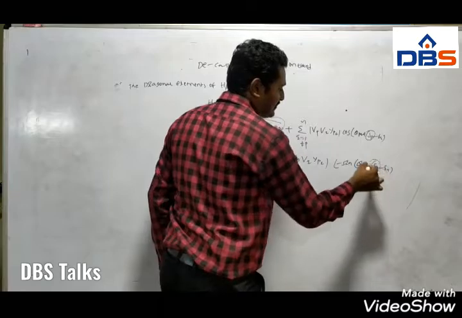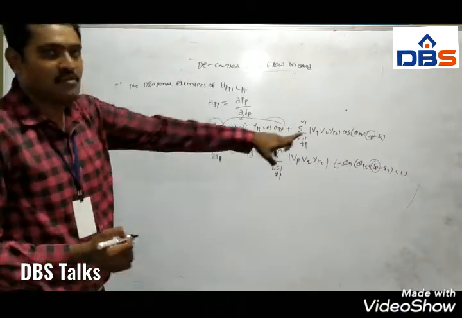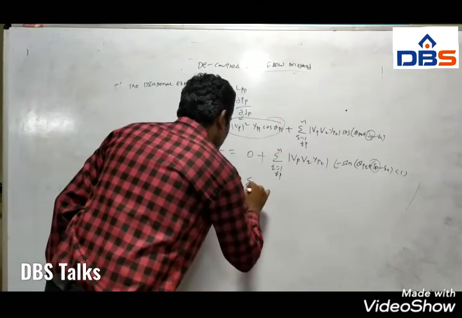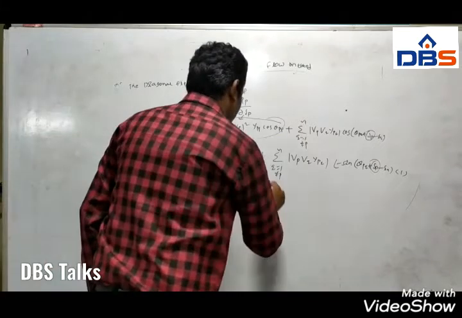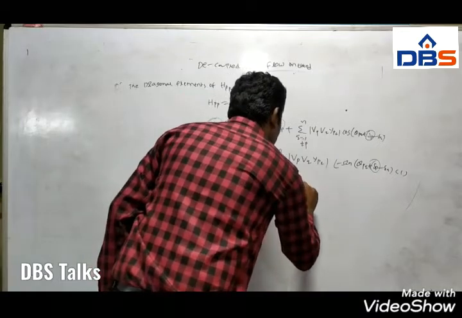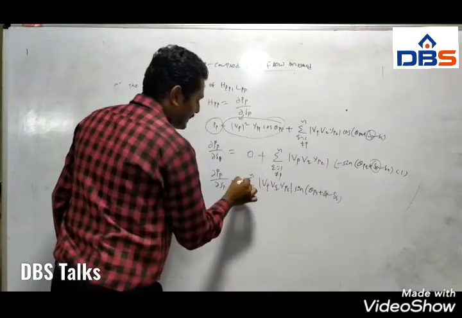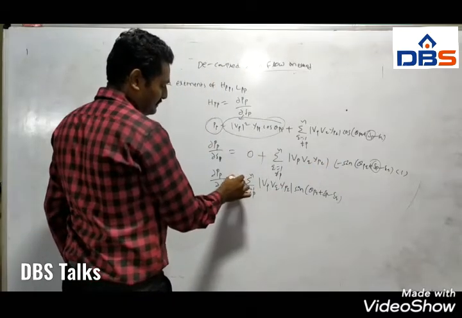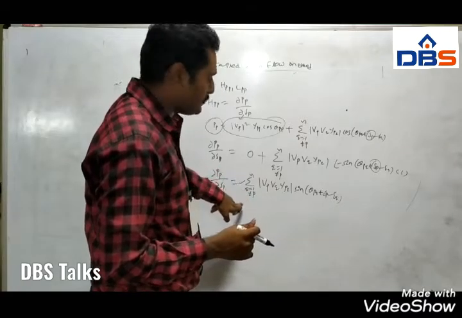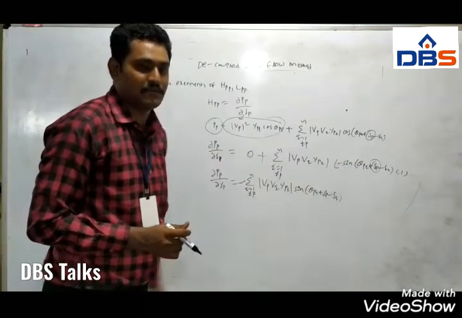We are also differentiating the delta p term, so it gives 1. Differentiation of delta p with respect to delta p gives 1. So finally dou PP by dou delta p is equal to sigma q is equal to 1 to n, not equal to p, |Vp||Vq||Ypq| sine of theta pq plus delta p minus delta q. Keep the negative term first, so finally we have minus sigma q is equal to 1 to n, not equal to p, |Vp||Vq||Ypq| sine of theta pq plus delta p minus delta q.